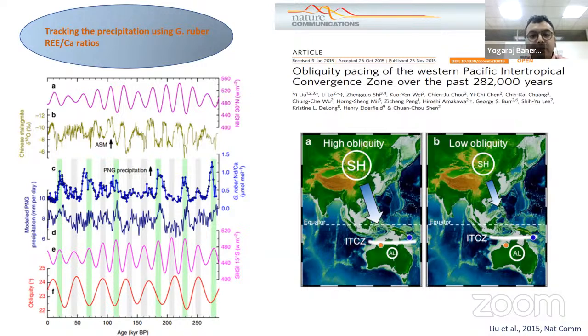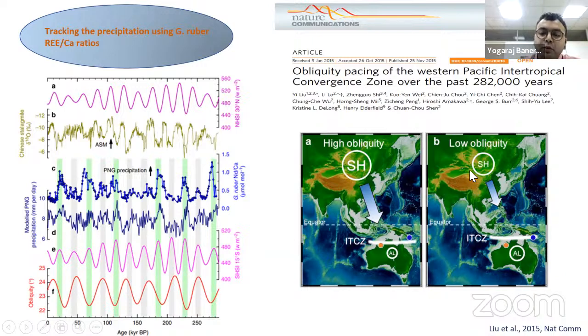During the high obliquity time period, there is a pressure push from the Siberian high, and the ITCZ moves towards the more southern part. As a result, the Australian sector receives more rainfall, and the sector near the Papua New Guinea region receives lesser rainfall.